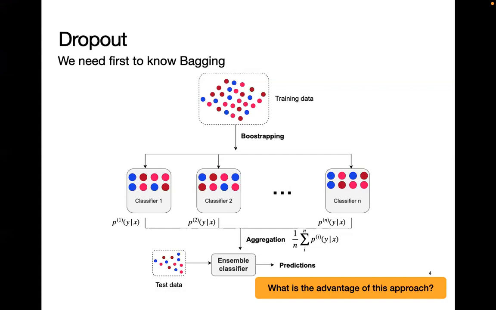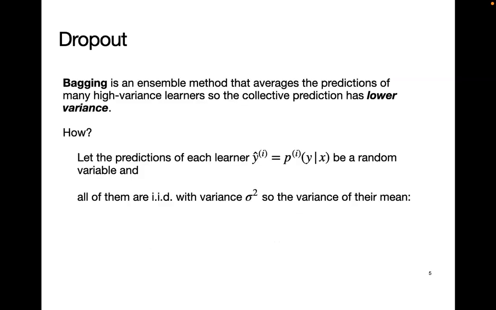All of them will have a different idea of the decision boundary, so they have different models. By combining weak classifiers, or classifiers with high variance, the final classifier will produce less variance. How is that the case? Let's discuss that next.